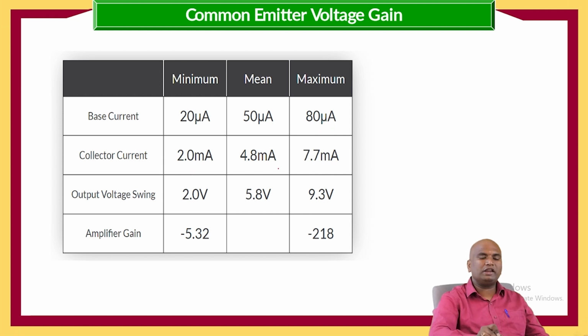Collector current is 2 milliamperes, 4.8 milliamperes, 7.7 milliamperes. The output voltage swing is 2 volts, 5.8 volts, 9.3 volts. And amplifier gain is minus 5.32 and the maximum value is minus 218.